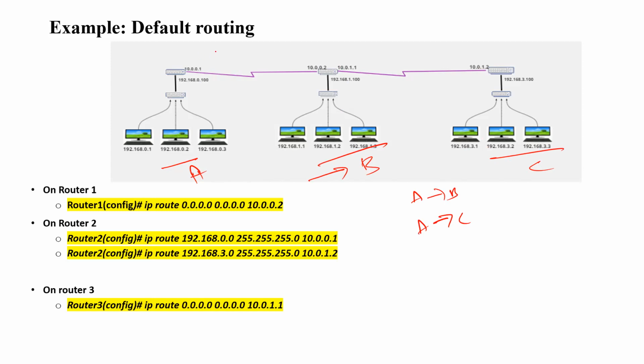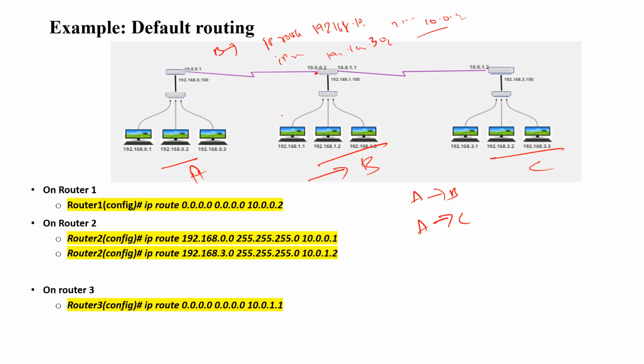If we want to reach the B network, we write IP route 192.168.1.0 255.255.255.0 and this IP address, 10.0.0.2. And if you want to reach C, again it has to come here only, so IP route 192.168.3.0/24. Again we wrote it here.